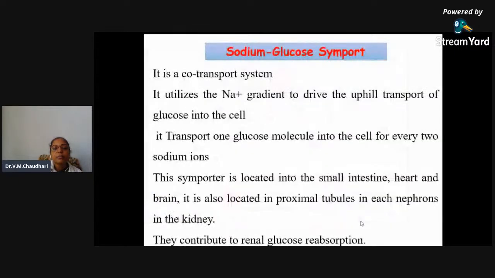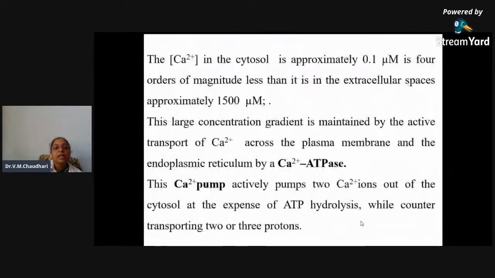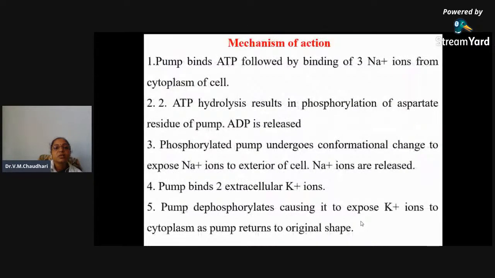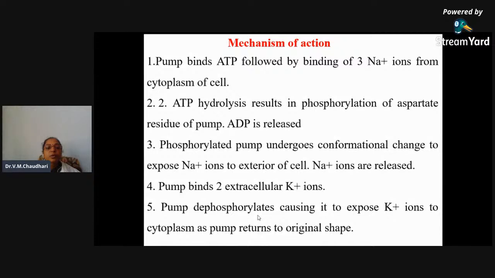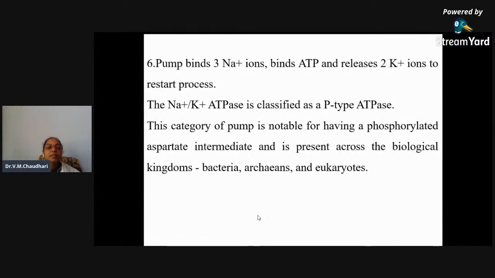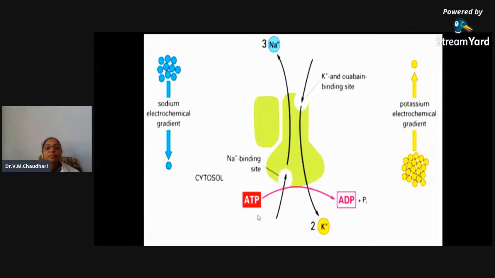We have learned about the sodium potassium pump or sodium potassium ATPase, the mechanism of which is the active transport system. It is responsible for maintaining high potassium and low sodium concentration inside the cell. If the concentration of sodium ion in the cell increases, it leads to cell lysis. मग हे सोडियमचं कॉन्सन्ट्रेशन सेलमध्ये वाढत राहतं अशा वेगवेगळ्या प्रोटीन्समुळे. मग ते मेंटेन कोण करतं, तर दिस सोडियम पोटॅशियम पंप. आपण हे आताच मागच्या लेक्चरमध्ये शिकलो होतो.